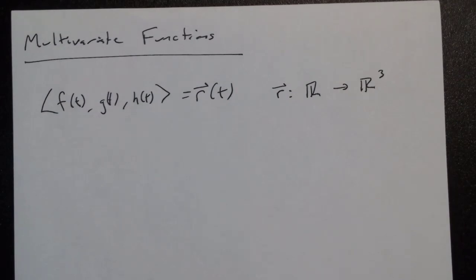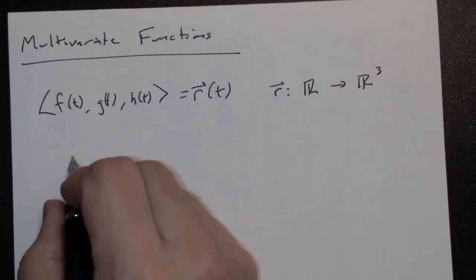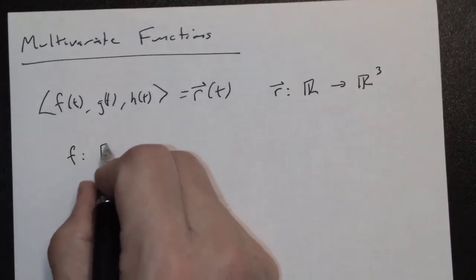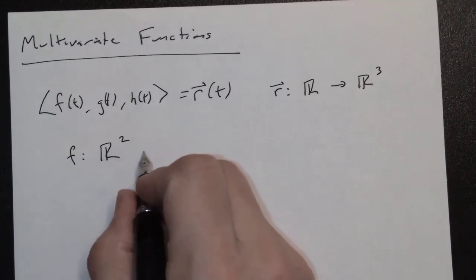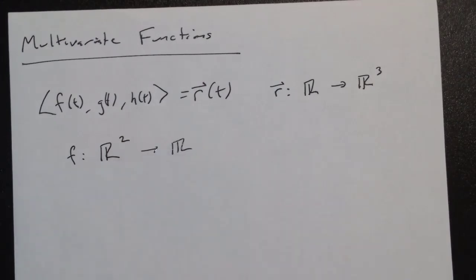I want to go the other way. I want a function whose domain is two-dimensional and whose output is one-dimensional or more.